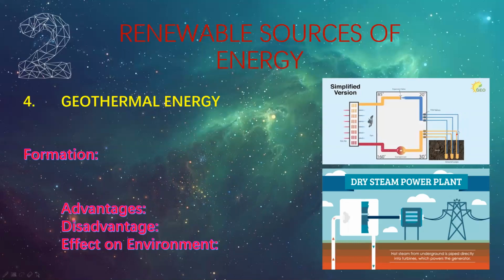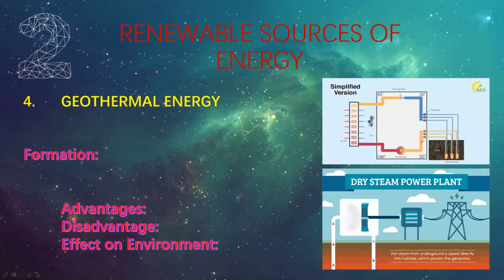The hot water always rises to the top while the cold water sinks. So it rises up here, and then it is used to produce electricity. Since that is a very small portion, I show it separately here. The water is used to run a turbine, the turbine runs a generator, and electricity is produced.